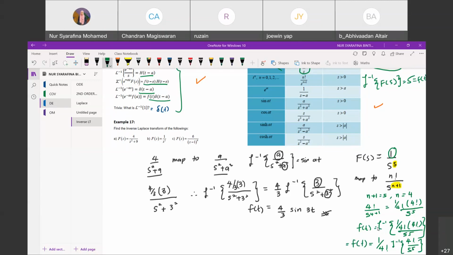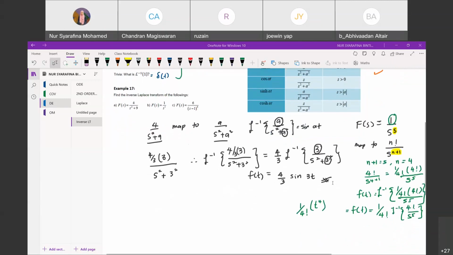Okay, so your f(t) is 1 over 4 factorial times t to the power of 4, right? Where 1 over 4 factorial equals to what? 1 over 4 factorial is 1 over 24, right?